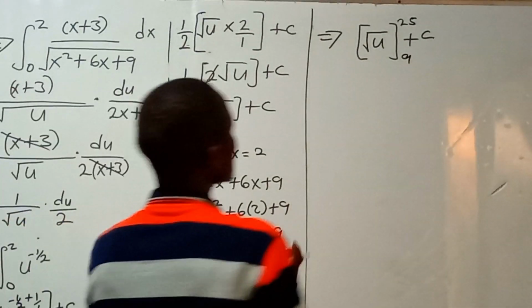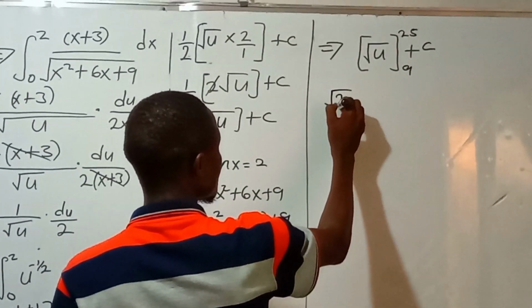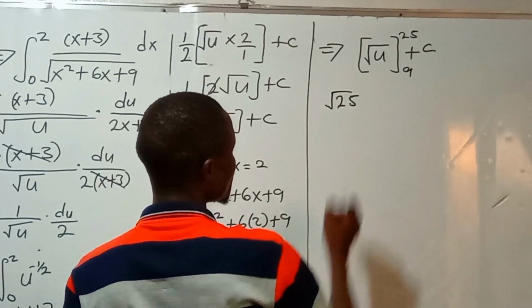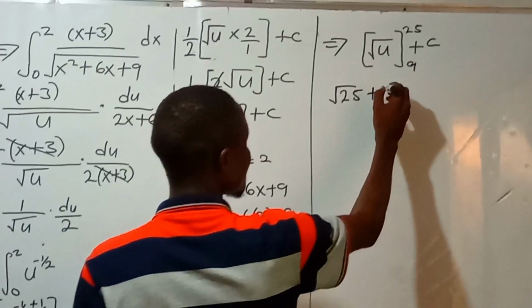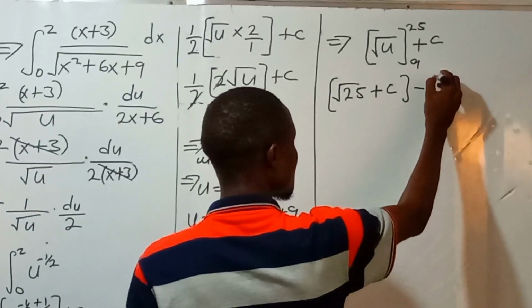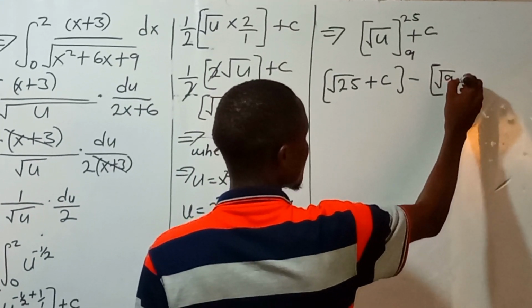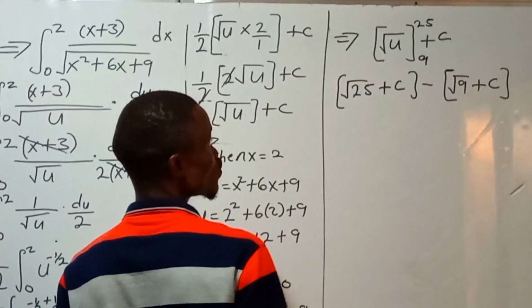So you substitute: the square root of 25 plus c, then you take the lower limit, the square root of 9 plus c, bracket close.